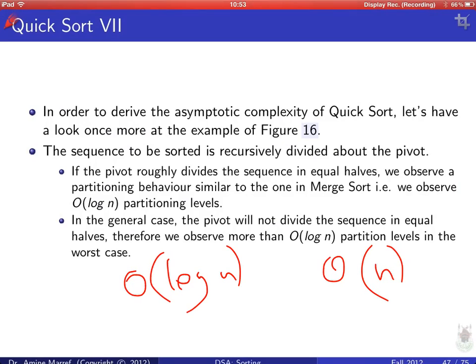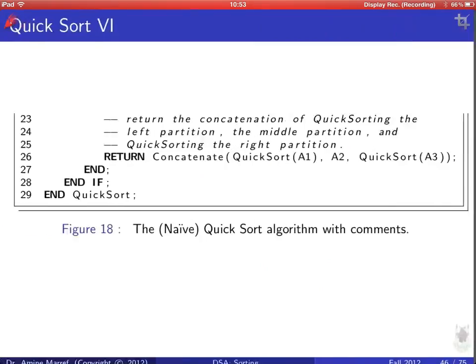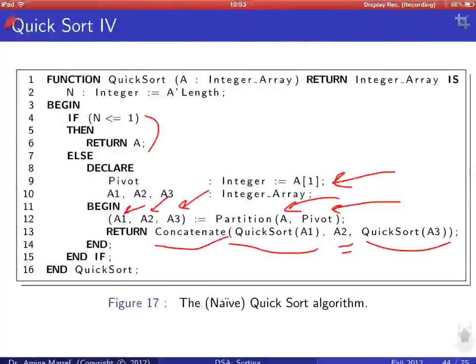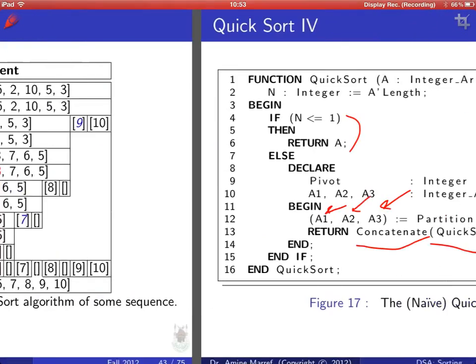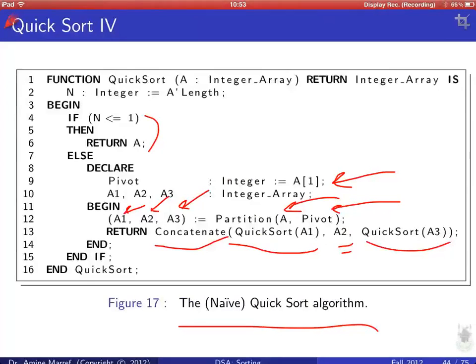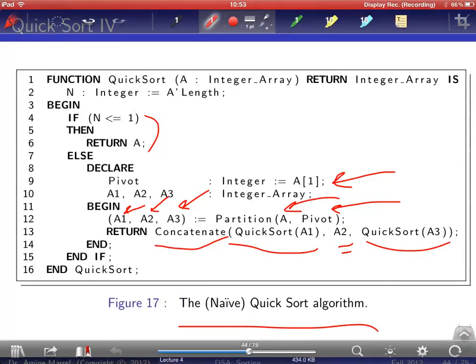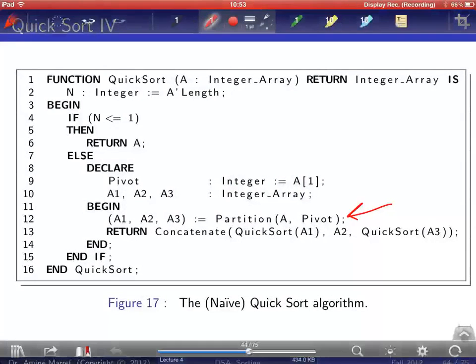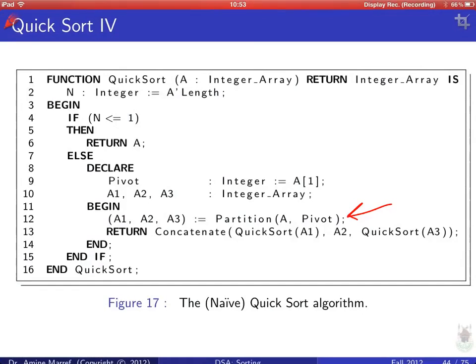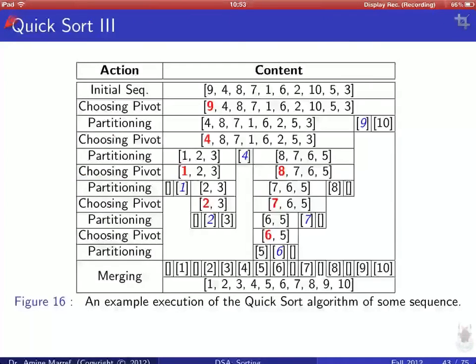If this was 5 and 4, we traverse 5 and traverse 4. So at every step in the partitioning we always have big O of n work, so each partitioning level is big O of n.